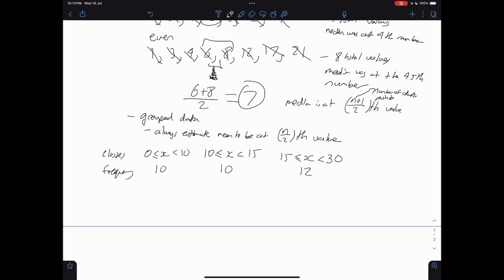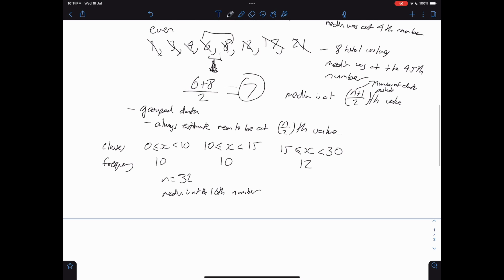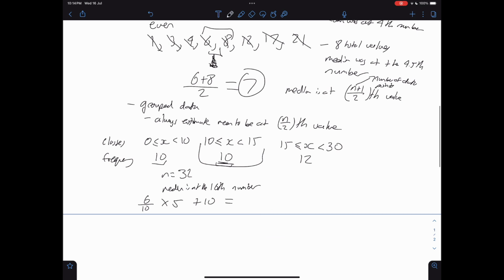We'd say, okay, there is a total of 32. So the median is at the 16th number. We have a look, 10 here, not enough. Okay, it's going to be somewhere in here. So what we'll do is, we've already got 10, we need another 6, so we'll go 6 over this 10 here, multiply by the class width, and add it to 10. So that's going to be 13. We estimate our median to be 13.